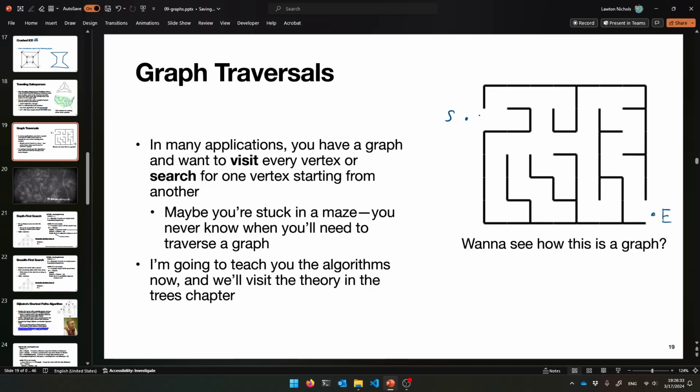And then, for every spot that you can go to in the maze, make vertices and edges. You can move that way. There's a vertex that represents this kind of spot, and this kind of spot. Do you see how these are all vertices, and there are edges if you can go there? So there's no edge that way, for example. And there's definitely no edge that way because there's a wall there, but you can go from here to here. Those are connected.